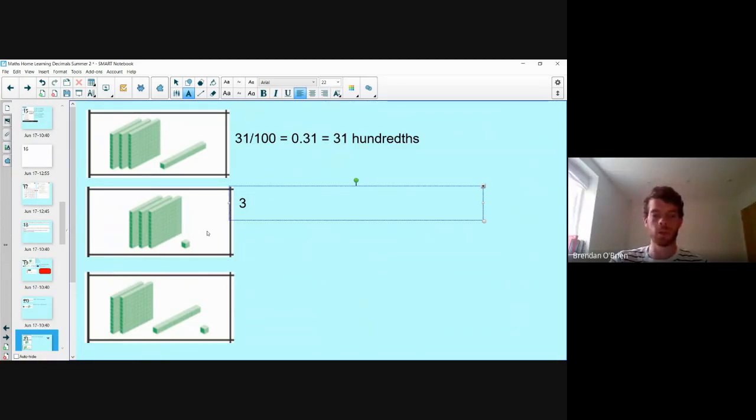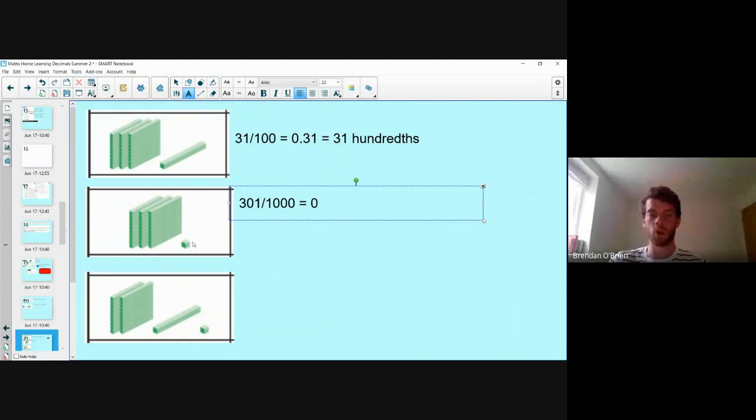Well, I don't have any of them. So I'll put a 0 because I haven't got any. And then I'm going to look at how many thousandths I've got. Well, I've got 1, I can see. So this is 301 thousandths.